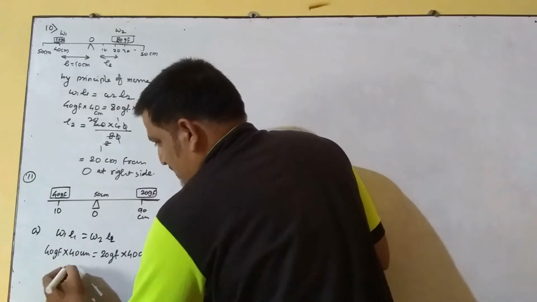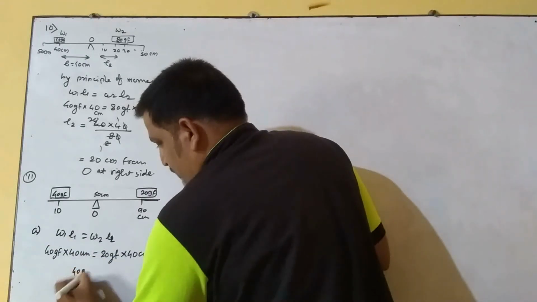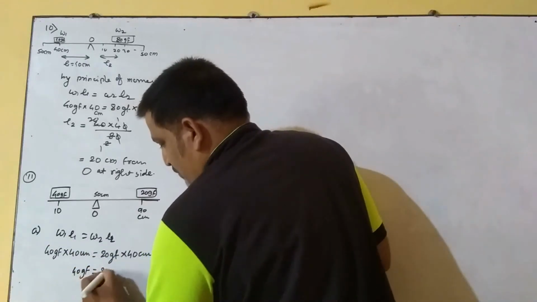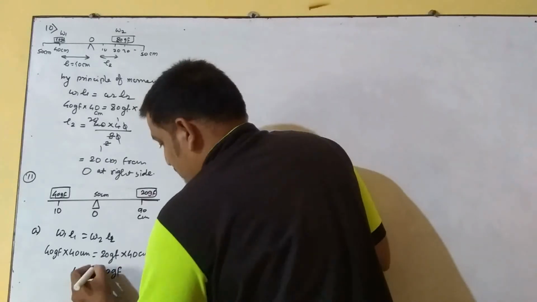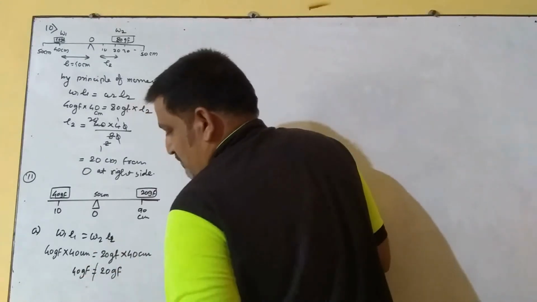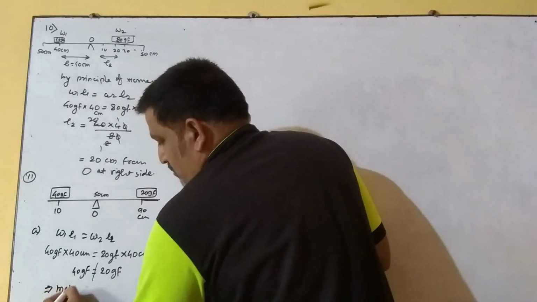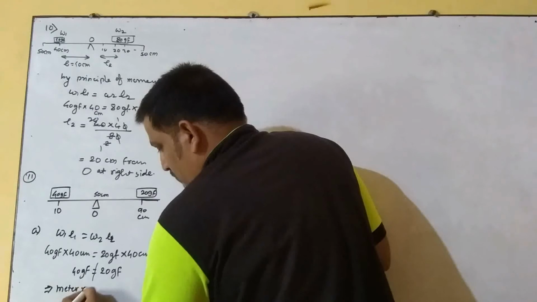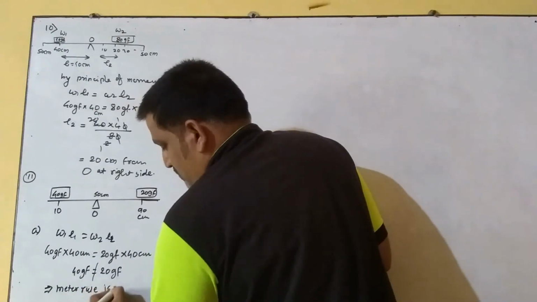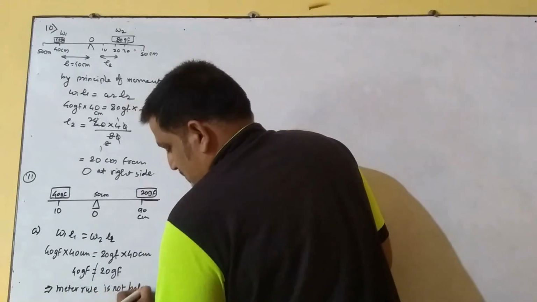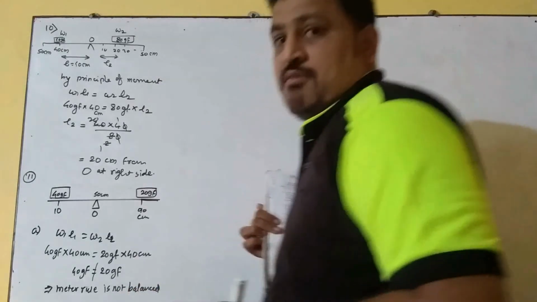So both get cancelled and you find that 40 GF is not equal to 20 GF, which implies the meter rule is not balanced.